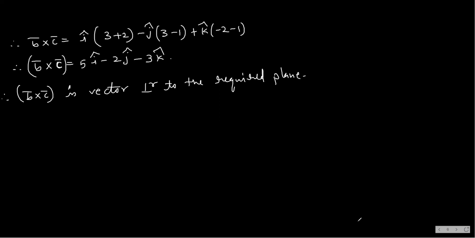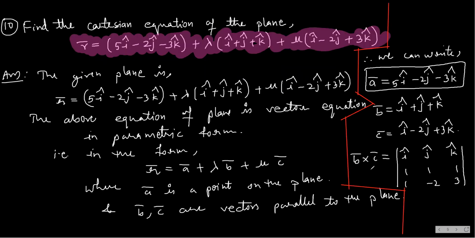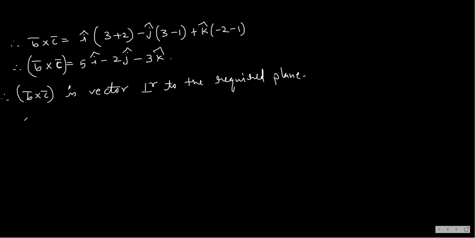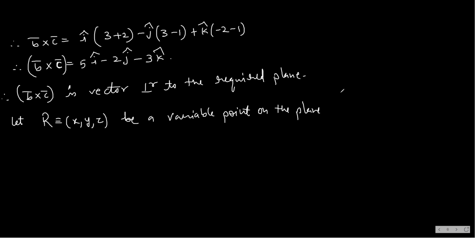What is next? I will now take a variable point on the plane. I have a point on the plane and a vector perpendicular to the plane. Let R(x, y, z) be a variable point on the plane. You got that?